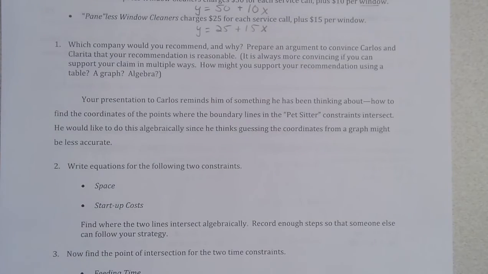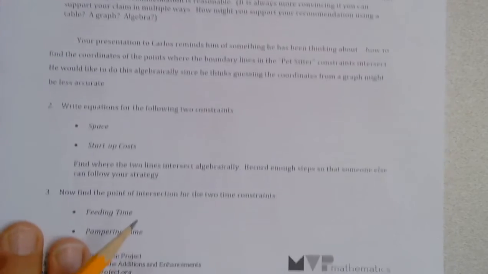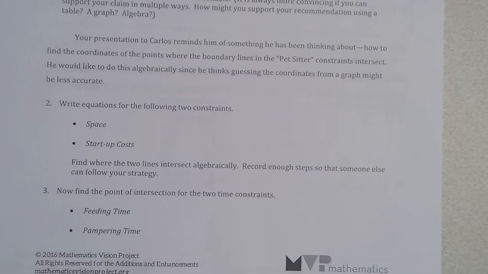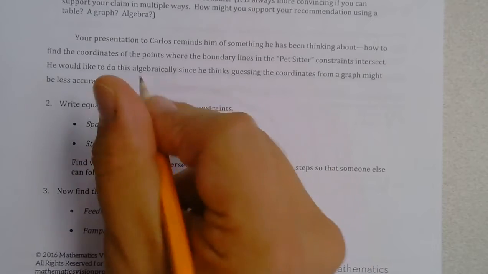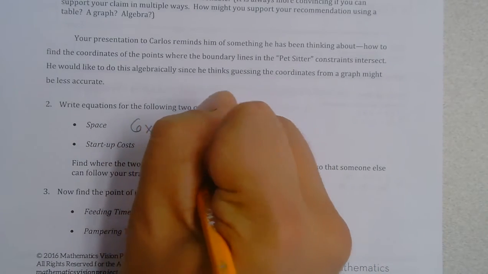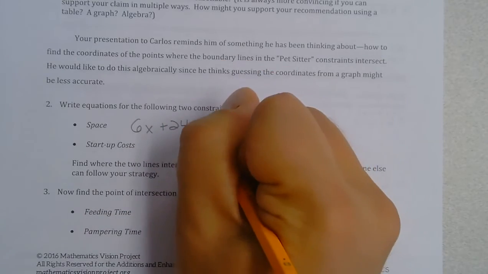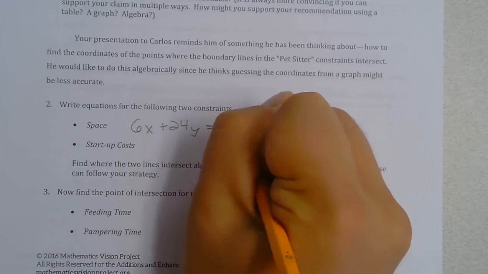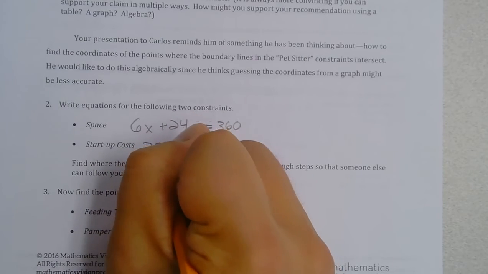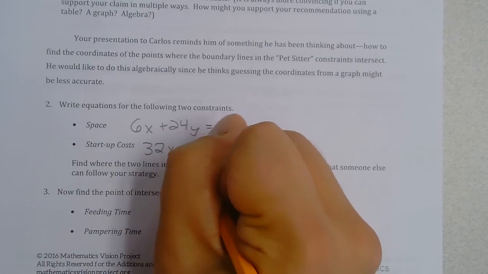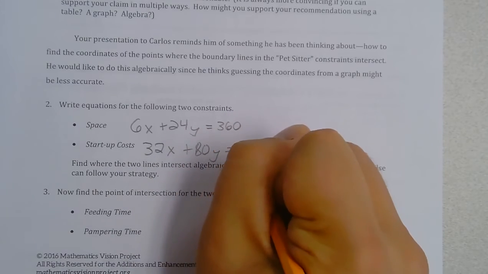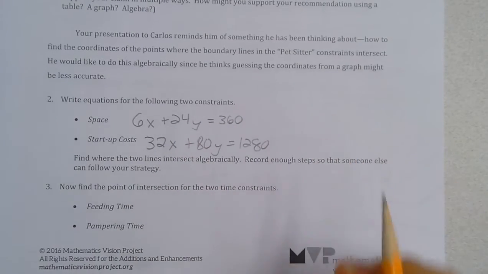So now what I want for you to do is practice that method with two equations. So here you have 6x plus 24y equals 360. And then the second equation here, for startup costs, to refresh your memory, is 32x plus 80y equals 1,280.